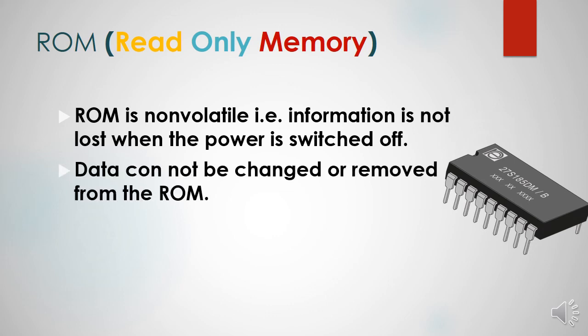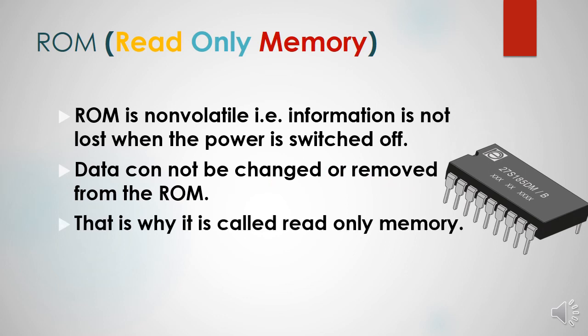Or we can say data cannot be changed or removed from the ROM. That is why it is called read-only memory. Means data can only be read from this memory. We cannot change or remove the data from ROM.